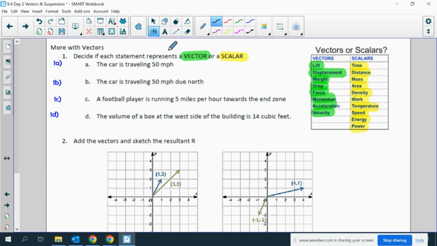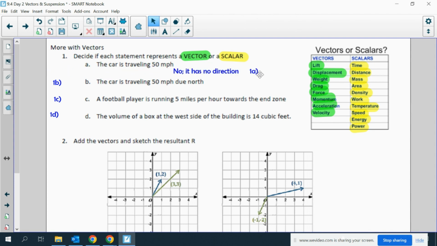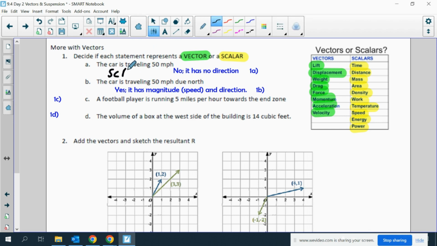So if we look at these problems, a car is traveling 50 miles an hour. That is a scalar. Whereas if it's traveling 50 miles an hour and it's due north, then we say it is a vector. So scalar and vector.